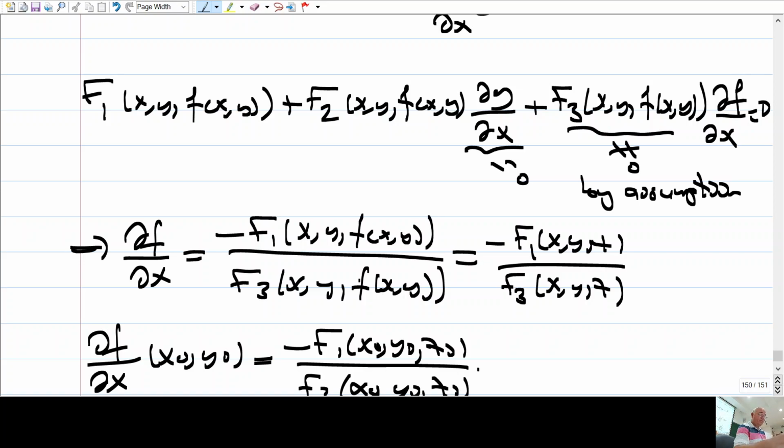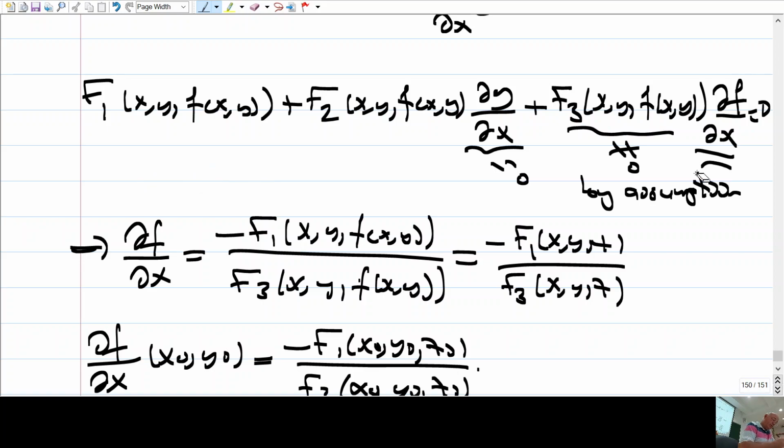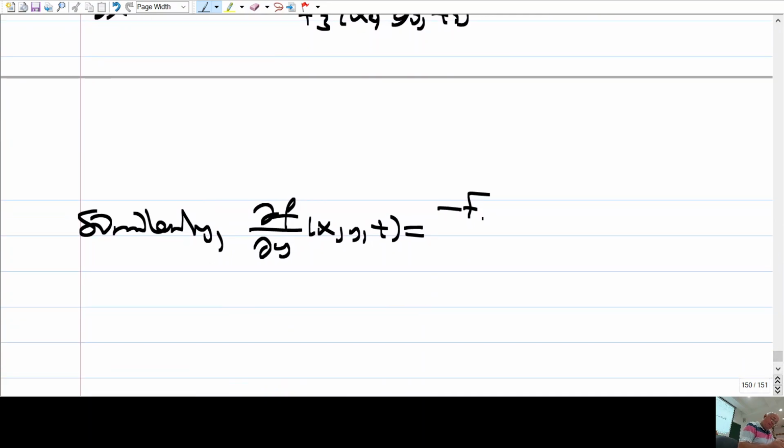In the other case we would take derivative with respect to y, and I would have del x del y here and del y here. Del y would be 1 here, but del x del y would be 0. So this term would vanish, and this would be minus f2 divided by f3. Okay, so I would have just the following: f2 xyz divided by f3 xyz.